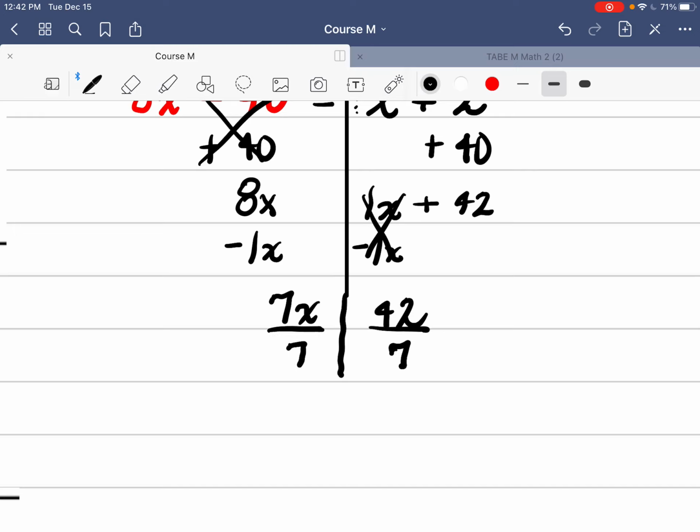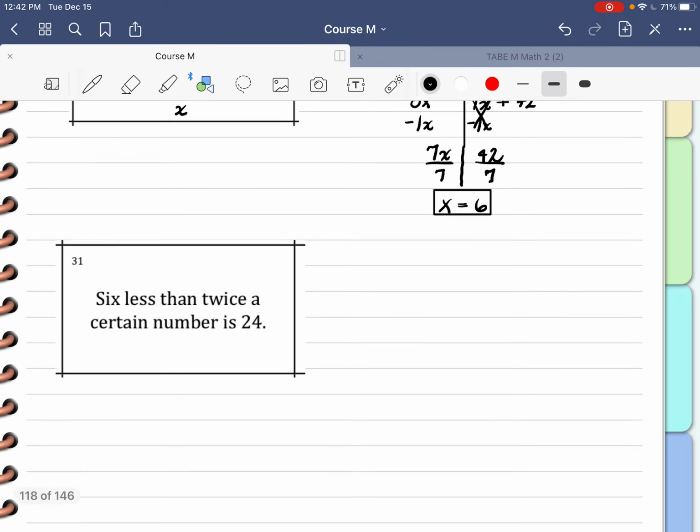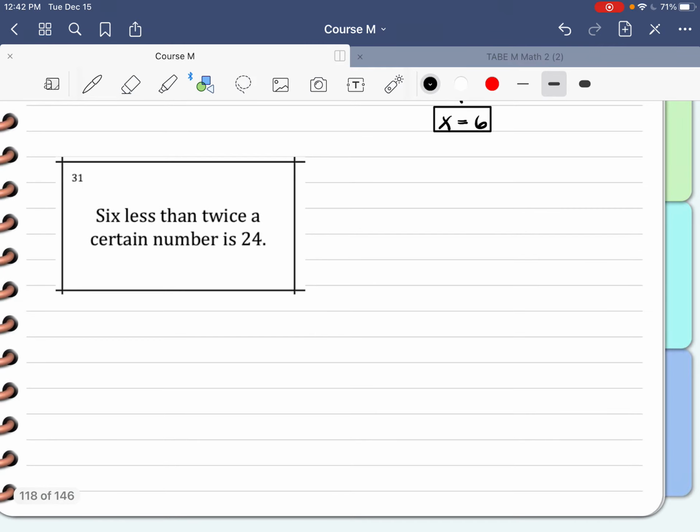Divide by the coefficient 7 and get the answer of x equals 6. That is not an easy problem.